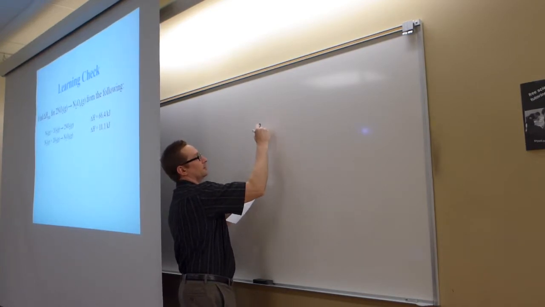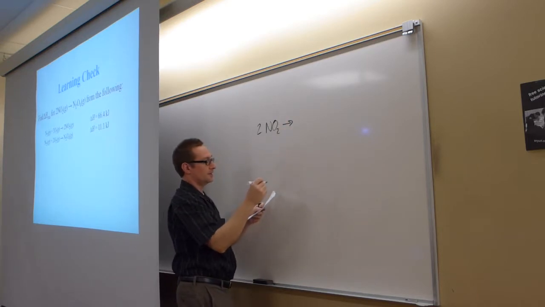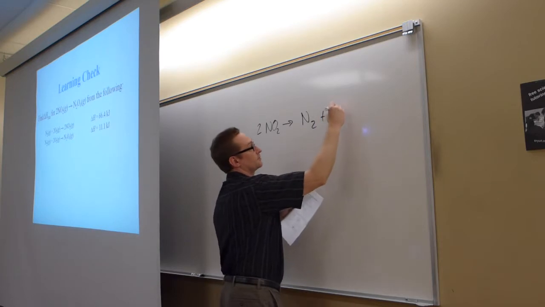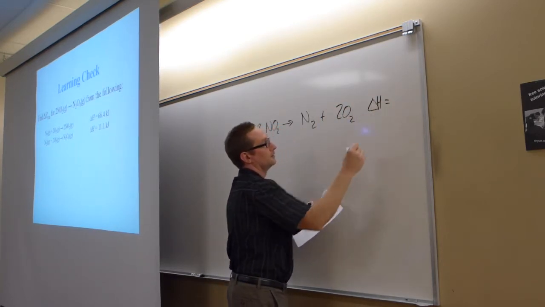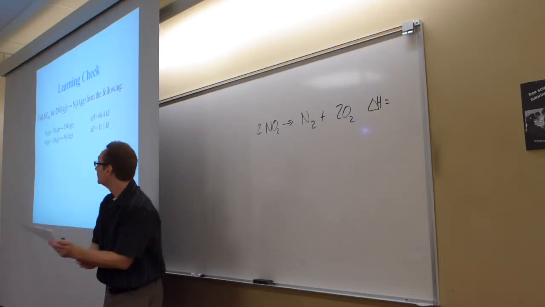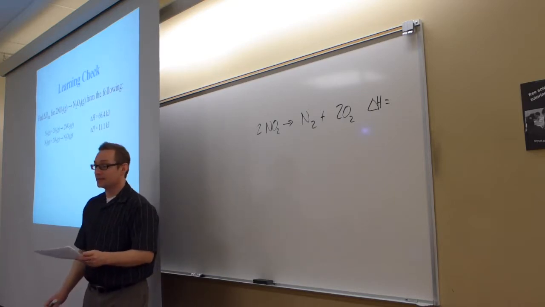So writing reaction 1 backwards, we get N2 plus 2O2. What is the delta H of that reaction? It's going to have to be negative, right? You're going to flip the sign.